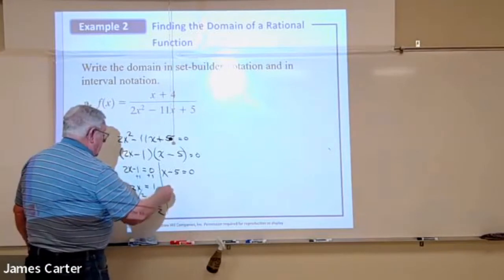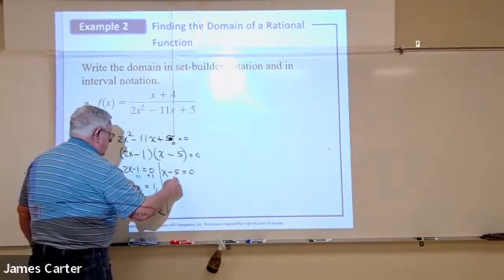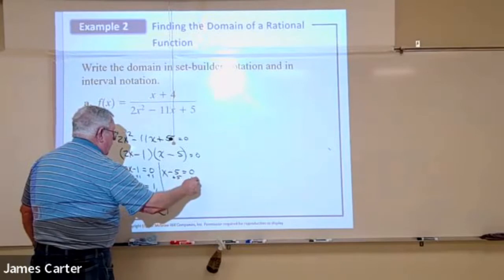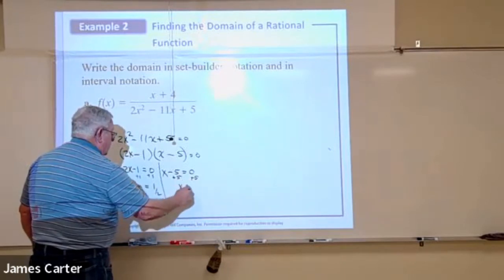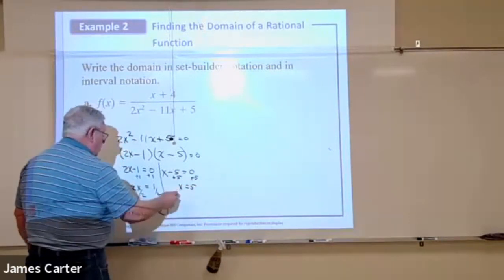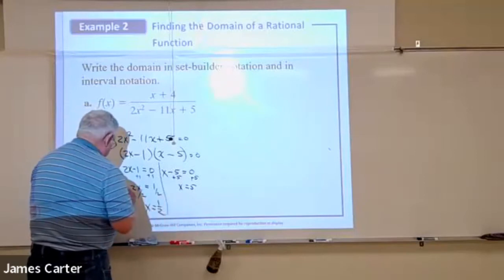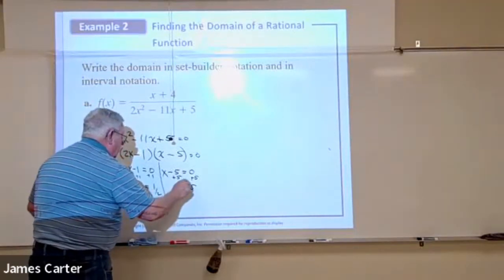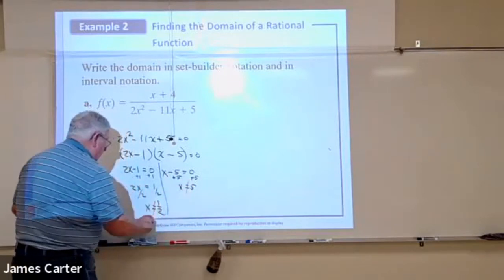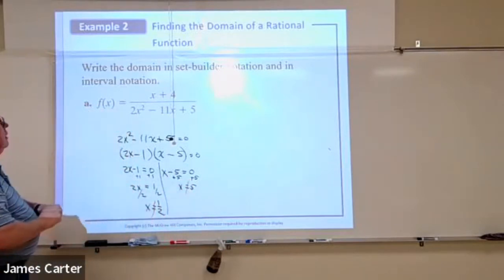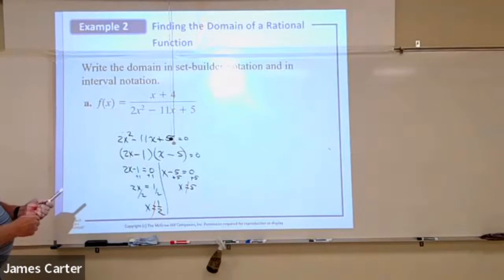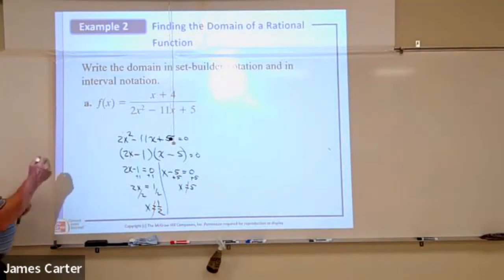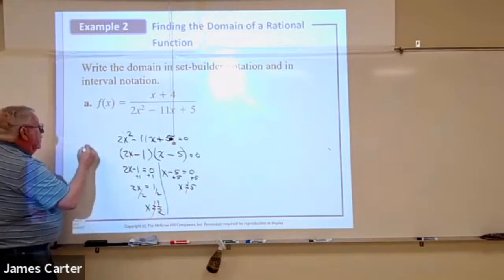Now, here plus 5 plus 5, so x equals 5. So we also cannot use 5. So these are the two values we cannot use. Now, to answer their question the way they want it, it says in set builder and in interval.